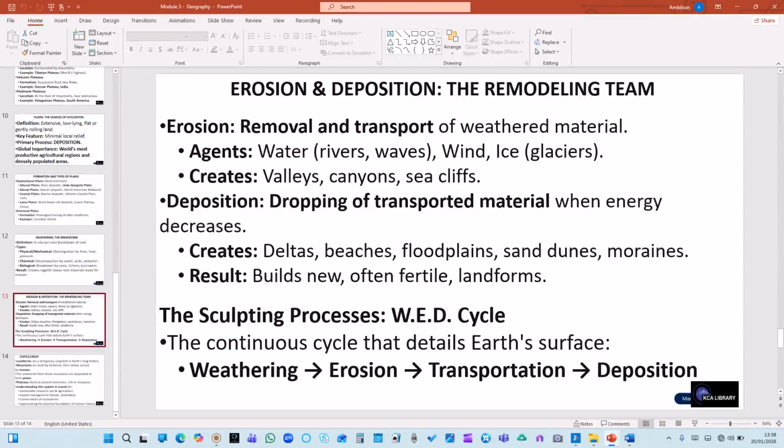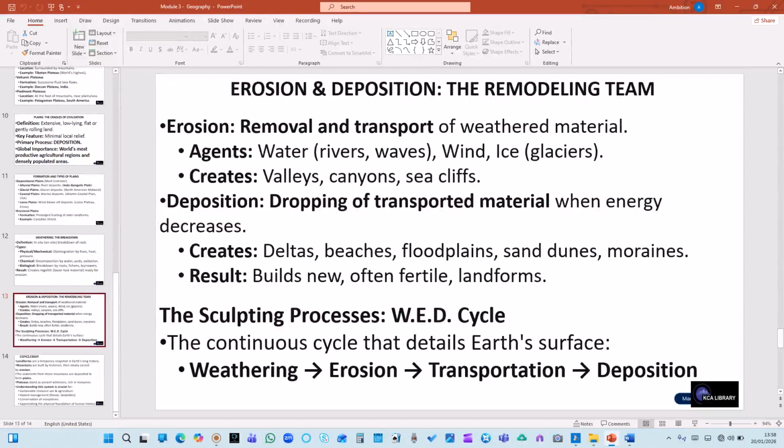Now, deposition, on the other hand, is the dropping of transported material when energy decreases. It creates deltas, beaches, flood plains, sand dunes, and moraines. The result is this: it builds new, often fertile landforms.